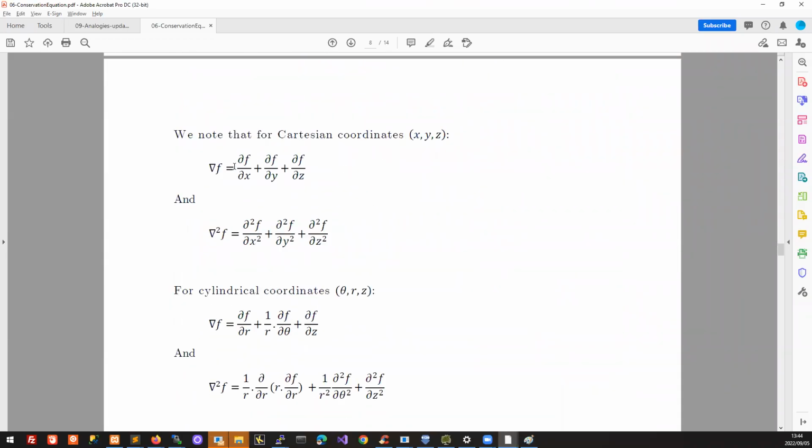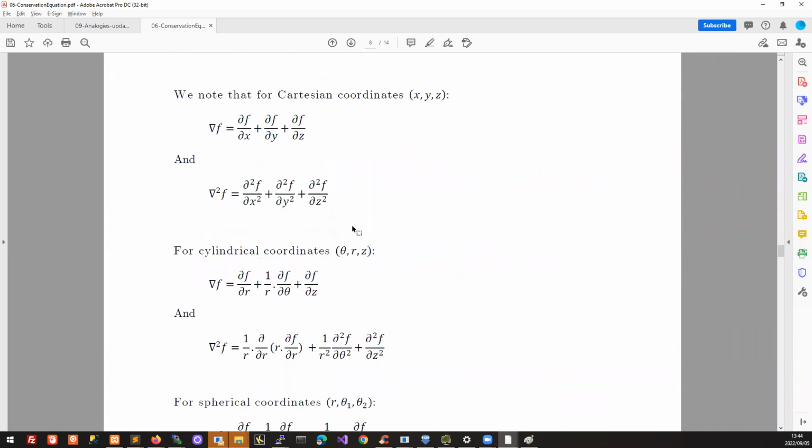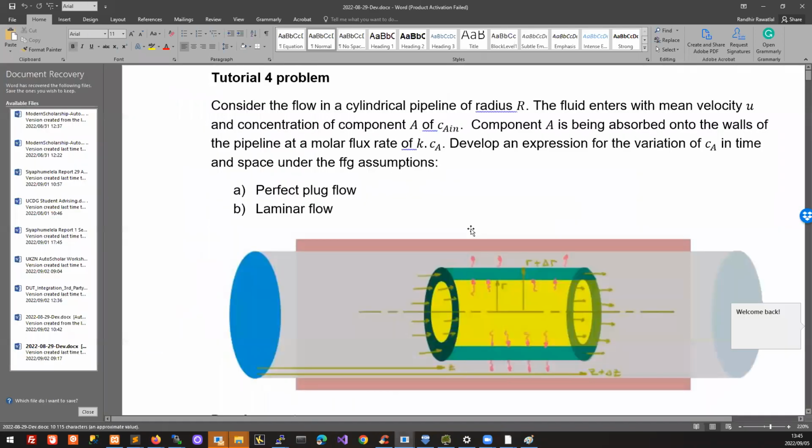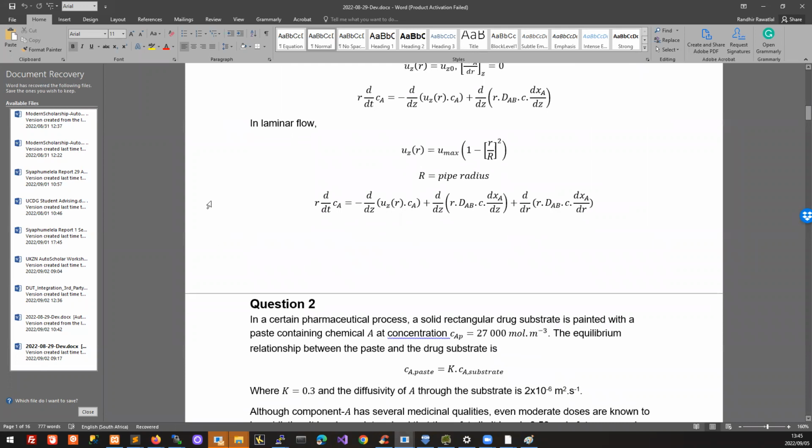So we have been developing equations for different coordinate systems so far. For example, if we look at some of the problems we've been working on, in cylindrical coordinates we got an equation that looks like this.